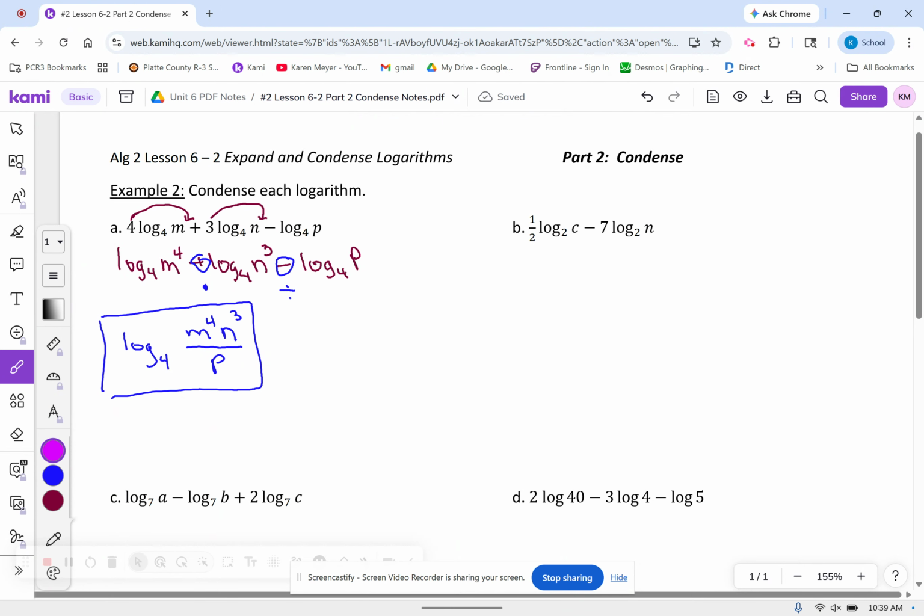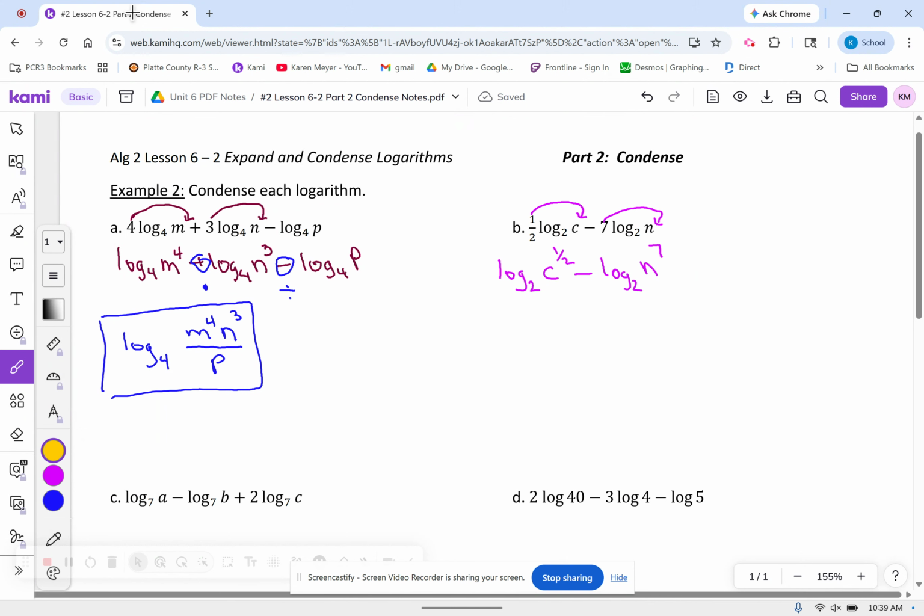Okay, so on B, I'm going to take the 1/2 and move it up as a power for the C. And then I'm going to take a 7 and move it up as a power for the N. So I'm looking at log base 2 of C to the 1/2 power minus log base 2 of N to the 7th power.